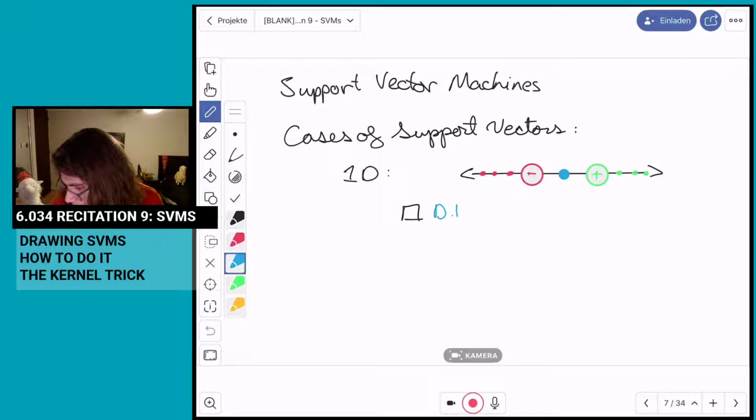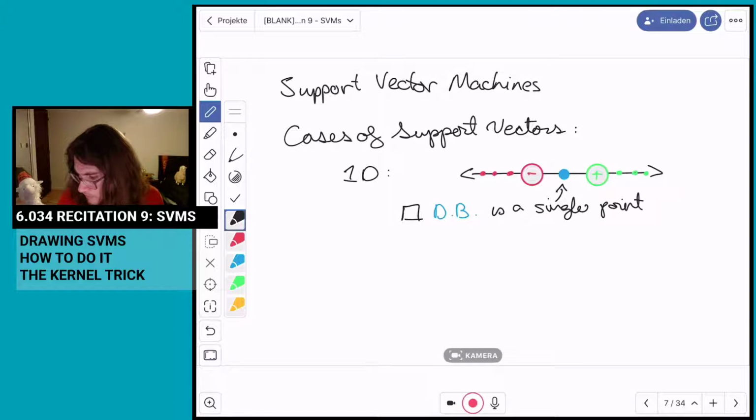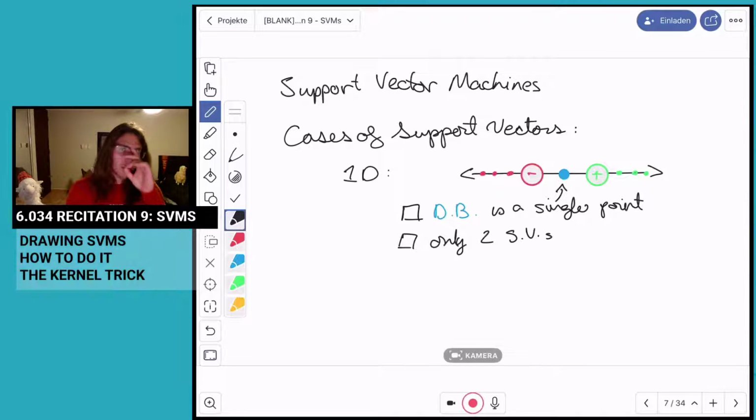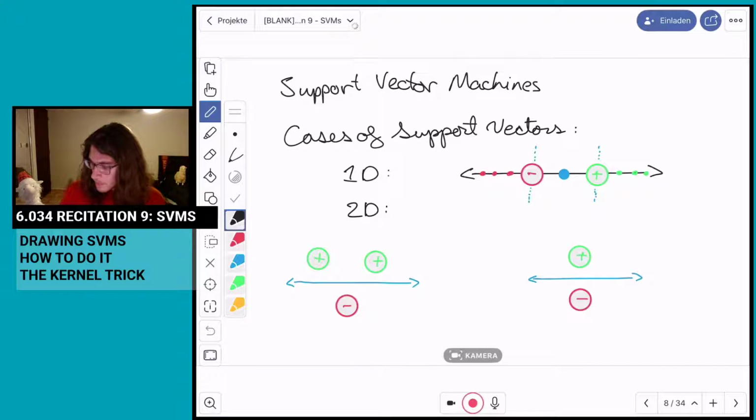So first off, the decision boundary is a single point. And then there are only 2 support vectors. I'm going to start abbreviating support vectors as SVs. I'll be writing support vectors and decision boundaries along, so the abbreviations will become helpful.